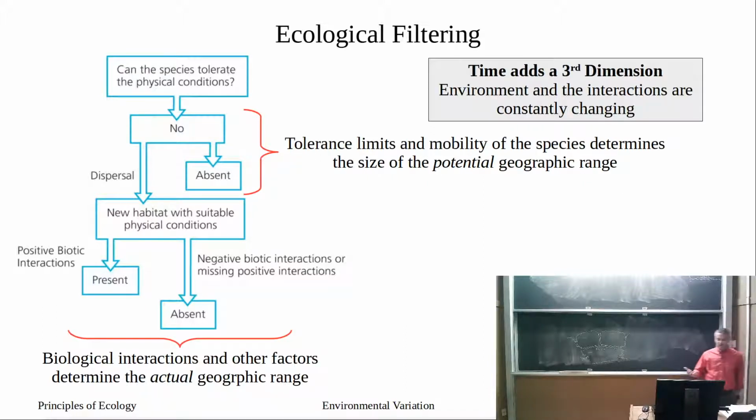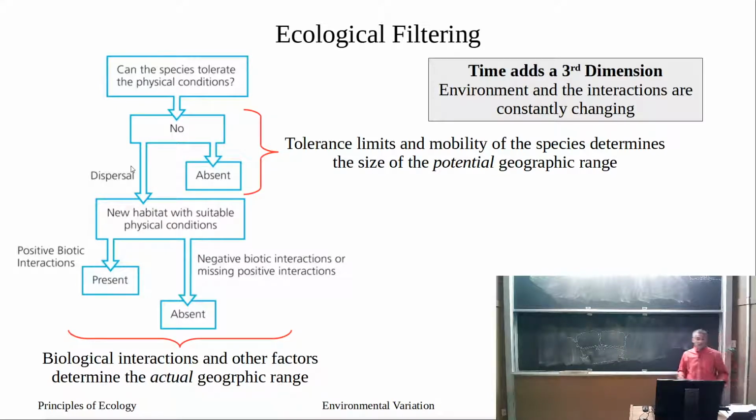I have this flow diagram, which came from the book, that demonstrates this. First, you can ask, can the species tolerate the physical conditions, yes or no? If they can't, then you have to ask, can they move to a different location? If they're non-mobile, then no, they can't survive. They won't be there. But if they can move, they're going to move to a new area where they can survive.